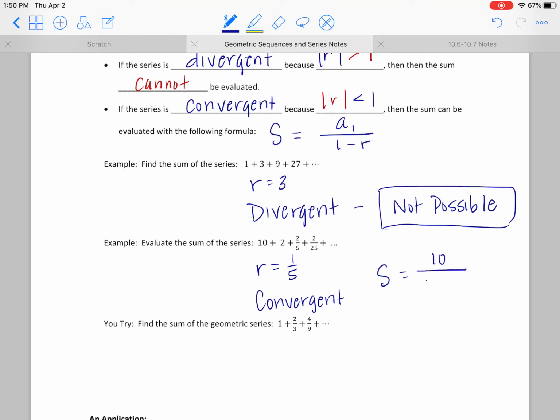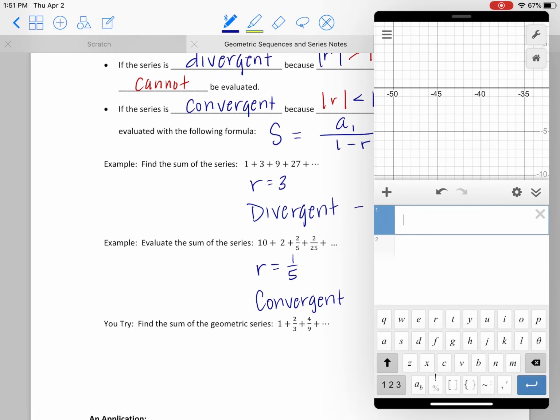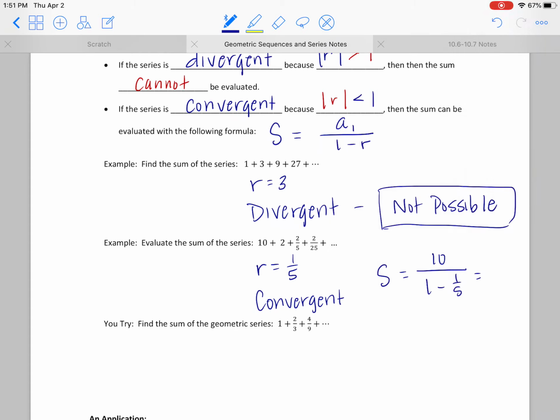So the sum for these terms, no matter how far we take this list out, forever, is going to be equal to that first term of 10 divided by 1 minus the common ratio of a fifth. So 10 divided by 1 minus 1/5. And that tells us that the sum is going to be approaching 12.5.